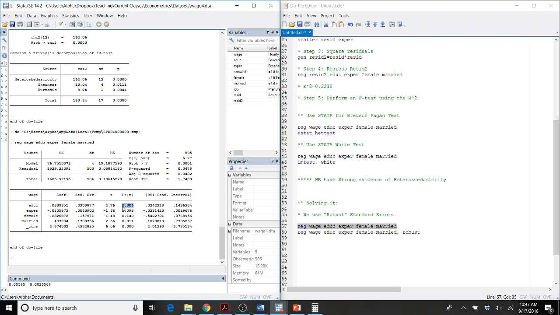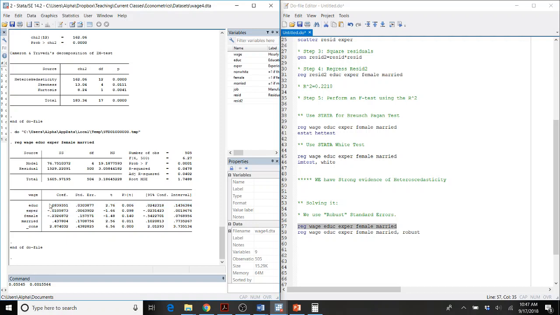So here's our p-value. We would look at this result and conclude that education is significant at the 1% level because the p-value is 0.006, so it's less than 0.01. For experience, we would say that experience is significant at the 10% level.